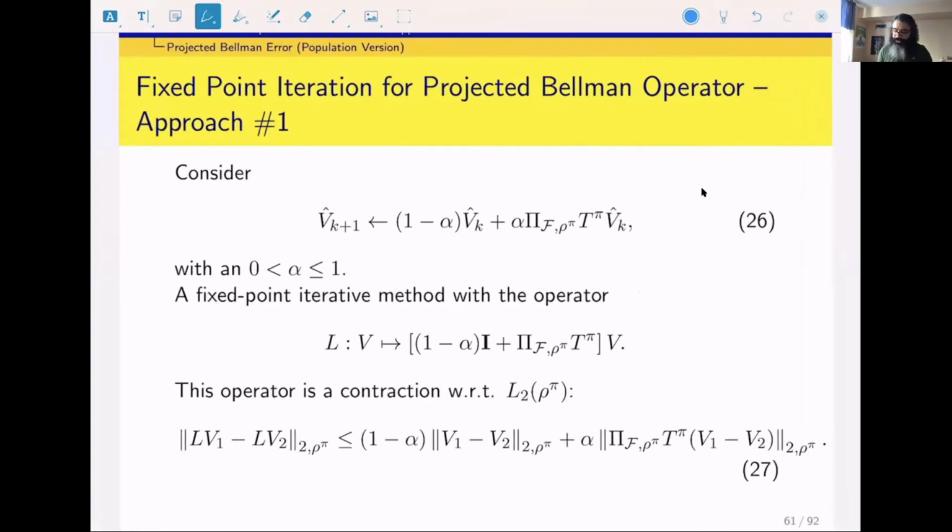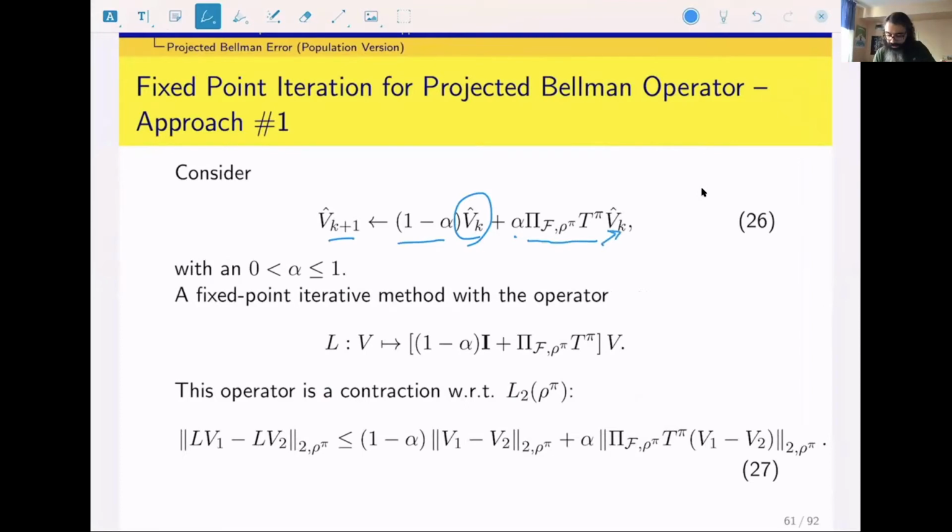So the first approach is like this: we consider an iterative approach that takes v hat of k, and to compute v hat of k plus 1, it takes (1 minus alpha) times v hat of k plus alpha times the projected Bellman operator applied to v hat of k.